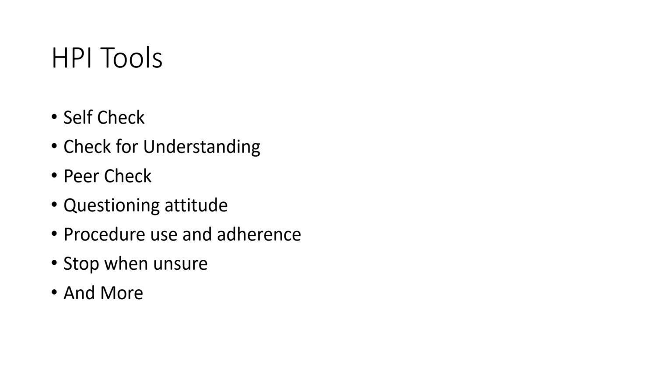And these HPI tools are typically things that you try to bake into a culture, a way of doing things, or into your personnel within training, as you train them up, to make sure that they use these types of mechanisms in their daily job.